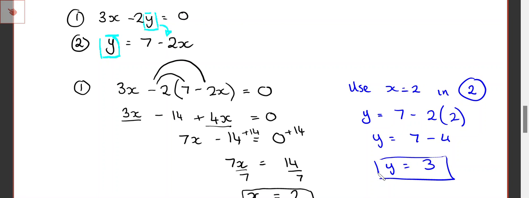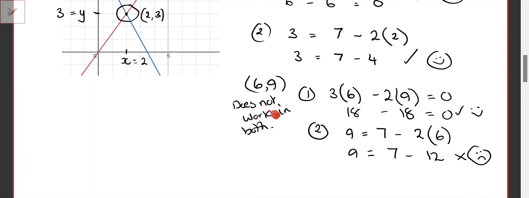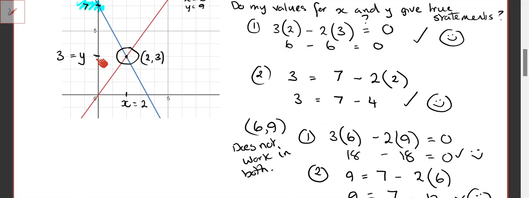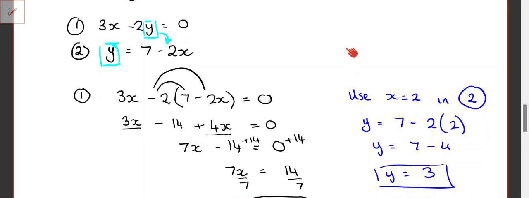And if you remember the start, it said x and y must work with both. So when we do a check, we should check that it works in both. But we've already done that, and we know that x was supposed to be 2, y was supposed to be 3. Any questions on that? Perfect.